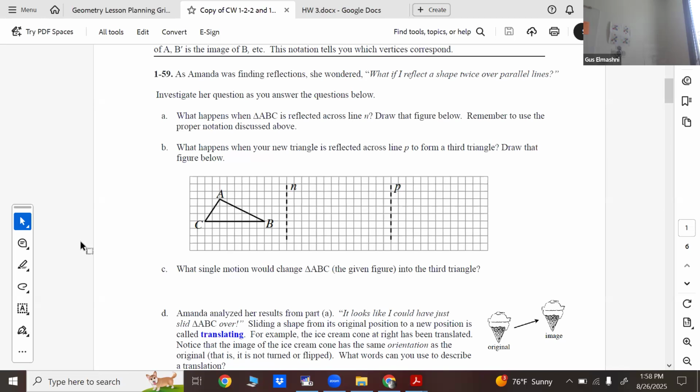So for 59A and B, you're going to use that grid below. So you're going to want to flip for the first change. You want to flip over N and then flip over again. So you do two flips.